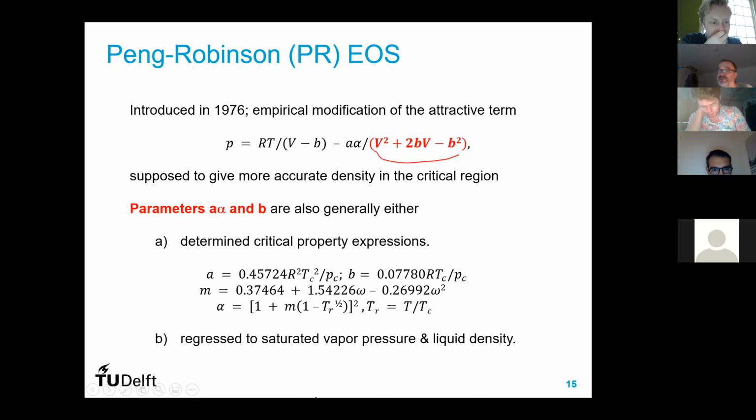They're slightly different. So this is more or less what's happening in current, let's say, classical petroleum engineering, where the Peng-Robinson equation of state is used a lot.